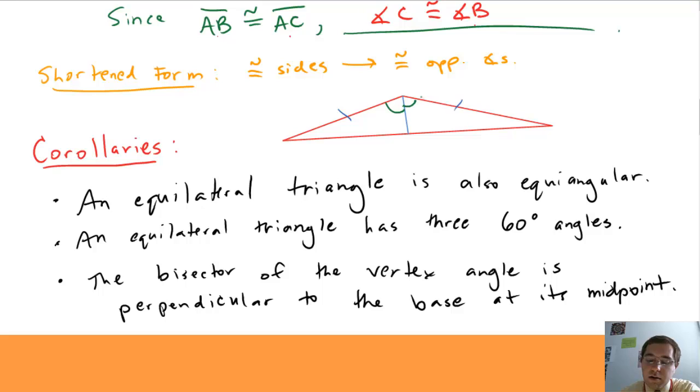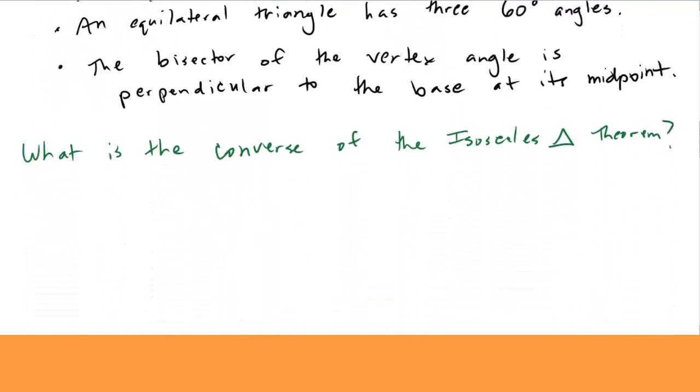So this angle would have to be congruent to this angle, if I've just drawn the bisector. What this corollary is saying is that it is perpendicular to the base, so we have a right angle there, at the base's midpoint. So this is congruent to that. So the bisector of the vertex angle is perpendicular to the base at its midpoint. Not a corollary we're going to be using very often, but it will show up.